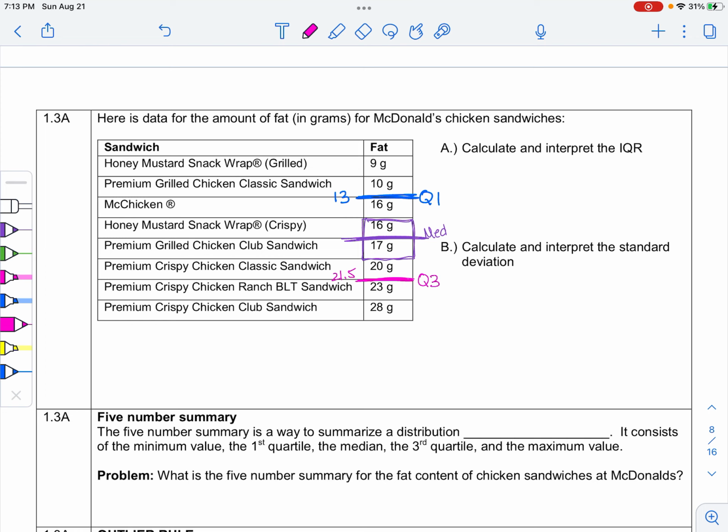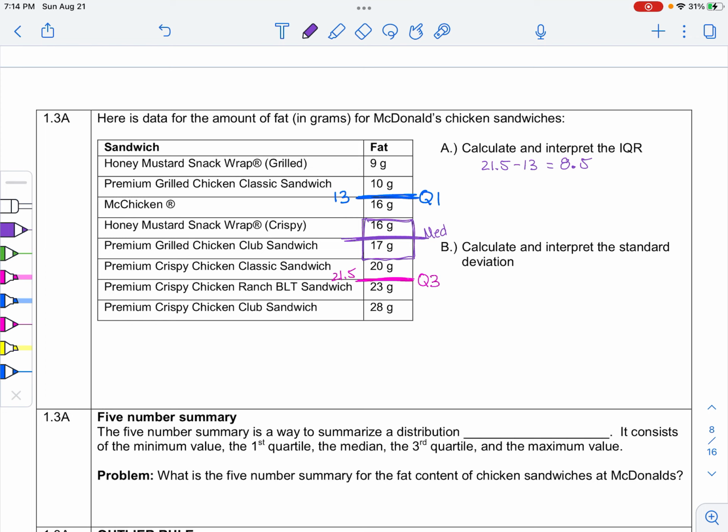So to find and interpret our IQR, we would take our 21.5 and subtract our 13. This is our Q3 minus Q1. We would have an interquartile range of 8.5.